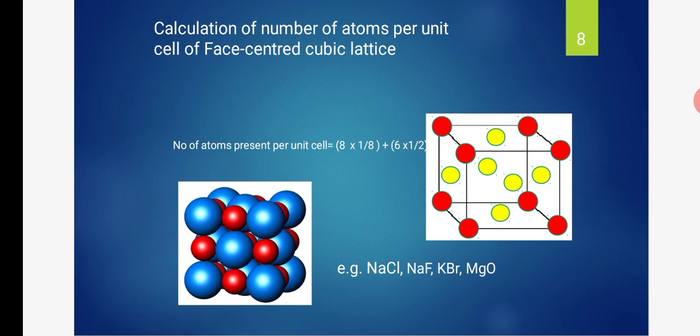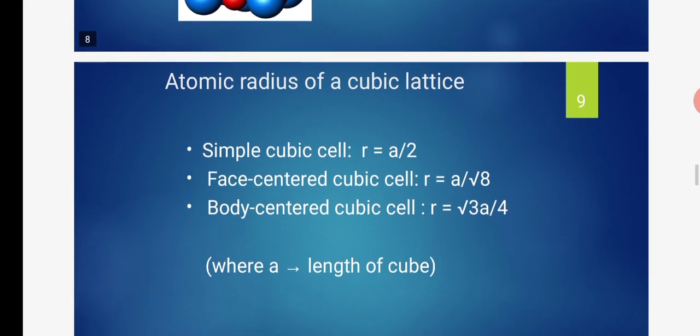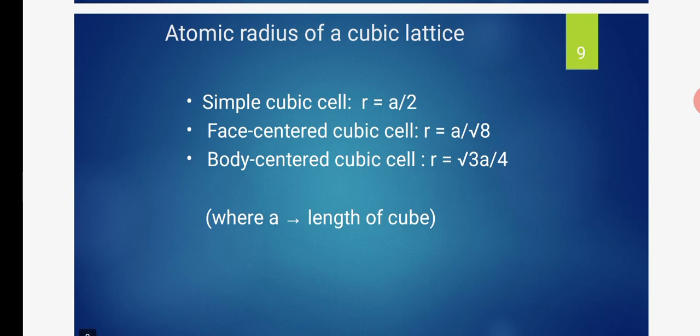Therefore, 6 faces, at each face contribution is 1 by 2. Therefore, 6 into 1 by 2, so it will be 3. 3 plus 1, 4. Total contribution is 4 molecules or 4 atoms.